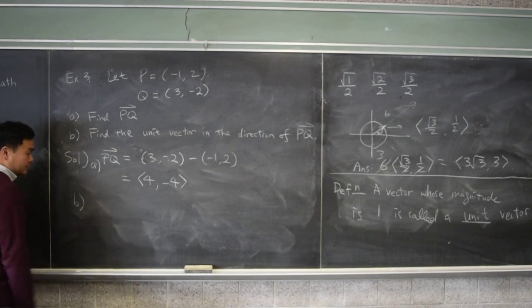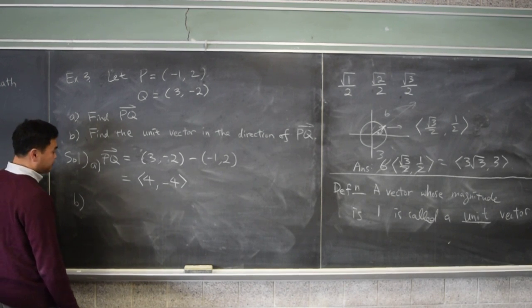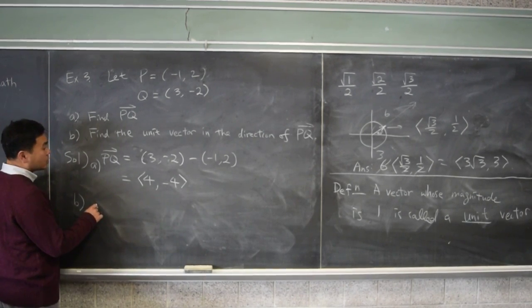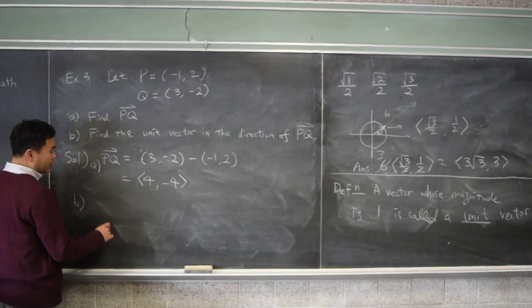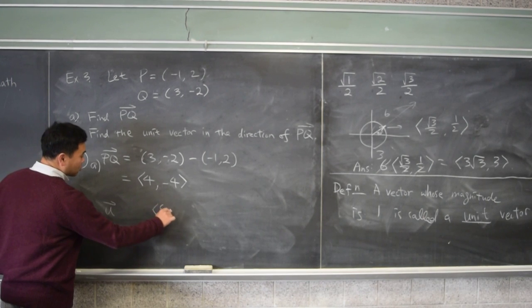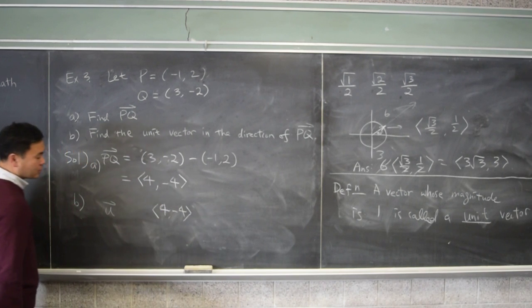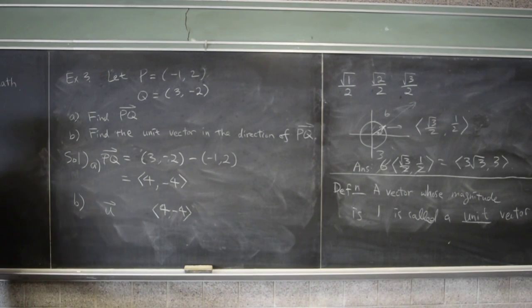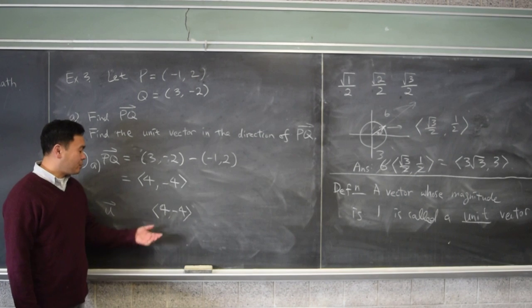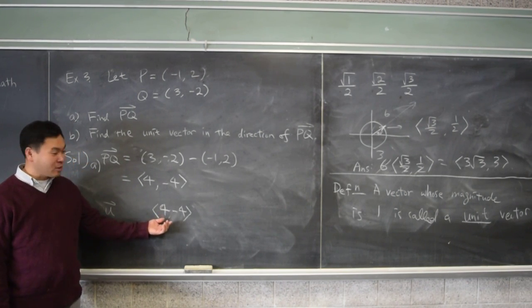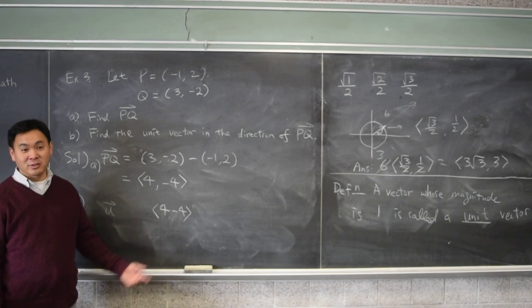Now for B, if you have this vector (4, -4), I want the unit vector u to be in the same direction as (4, -4). But before we try to reach that conclusion, what's the magnitude of this vector?